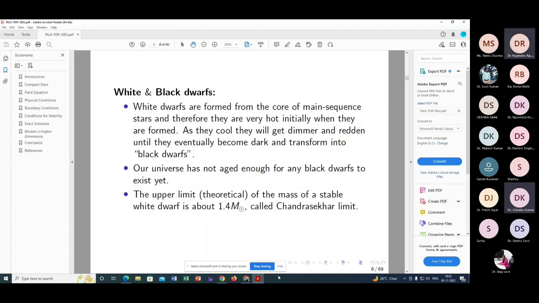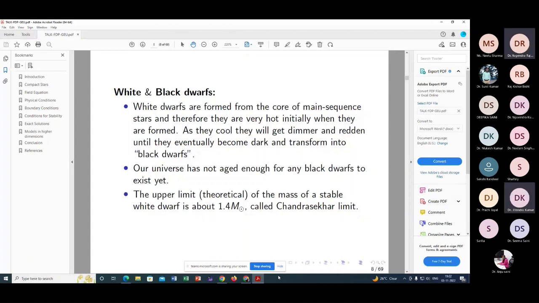White dwarfs are stable because there is a balance between the inward pull of gravity and the degeneracy pressure of the star's electrons.